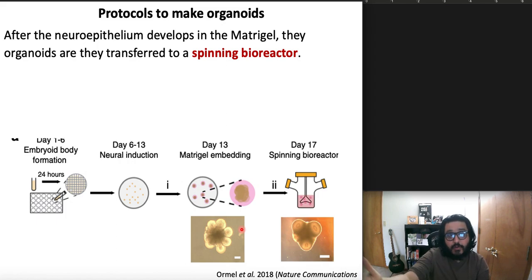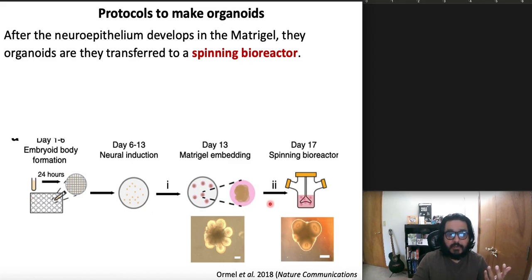But continuing on with what you do once you have something growing like this that looks good. So once we have those buds develop in the matrigel, we don't keep it in that same culture. We keep it in matrigel, but we move the organoids to a more advanced type of flask.